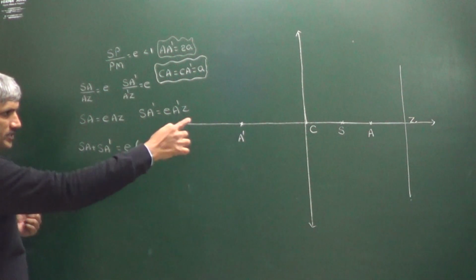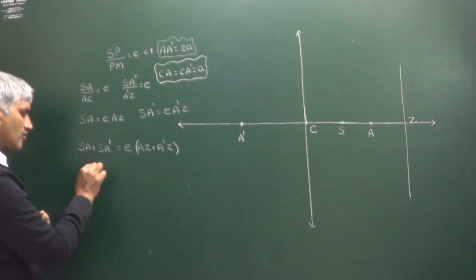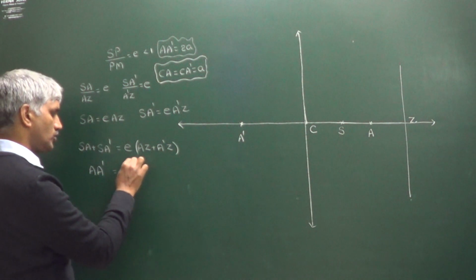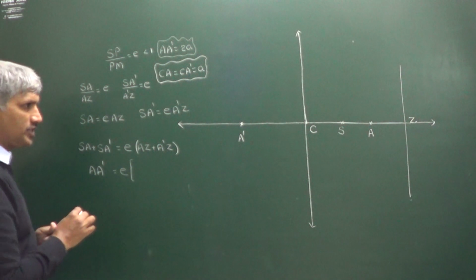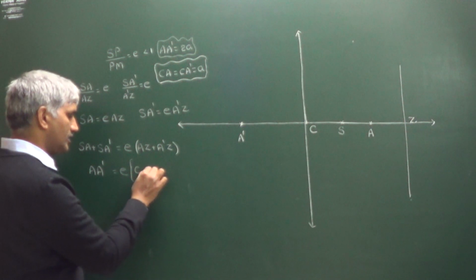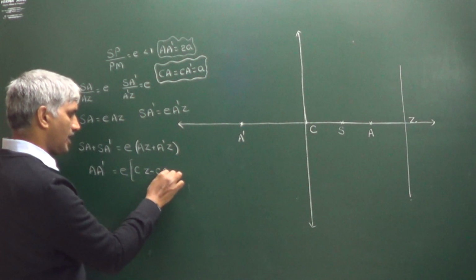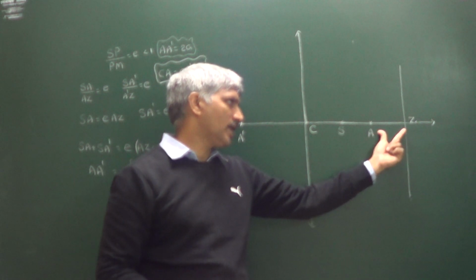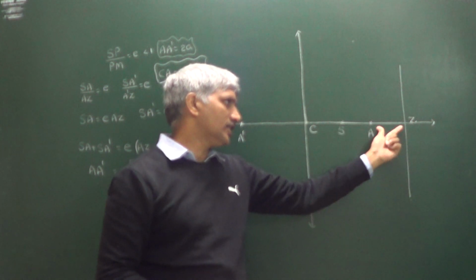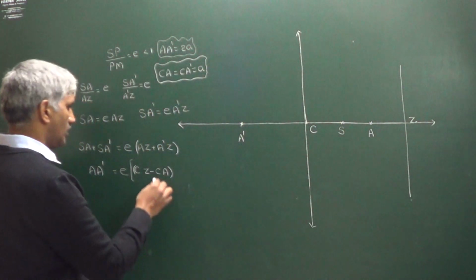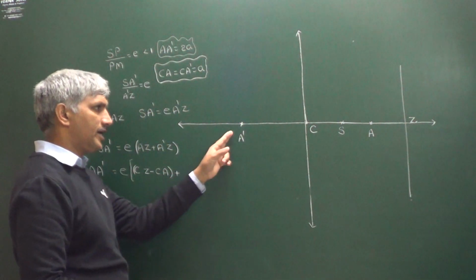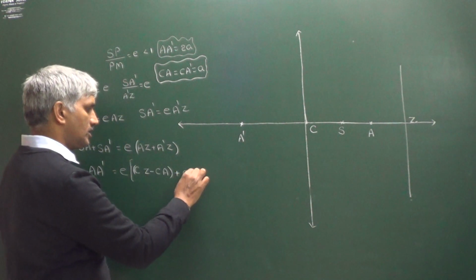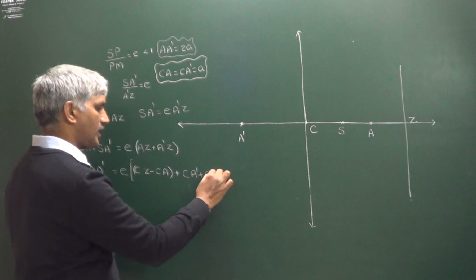Observe the diagram. SA plus SA dash is equal to E into, just observe, AZ. AZ can be written as CZ minus CA, because this is C. At the same time A dash Z can be written as CA dash plus CZ.